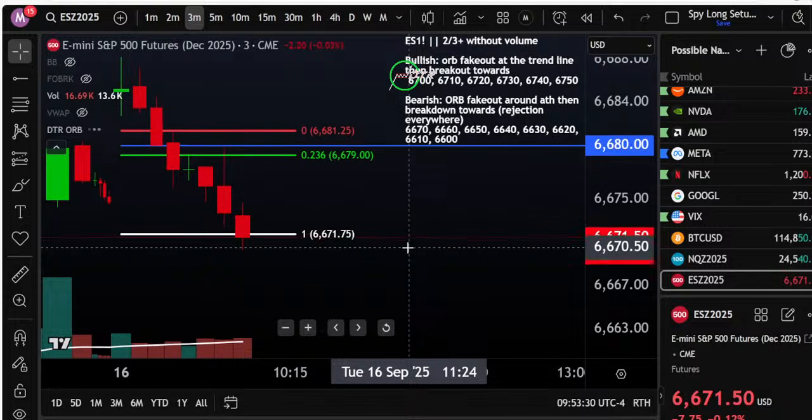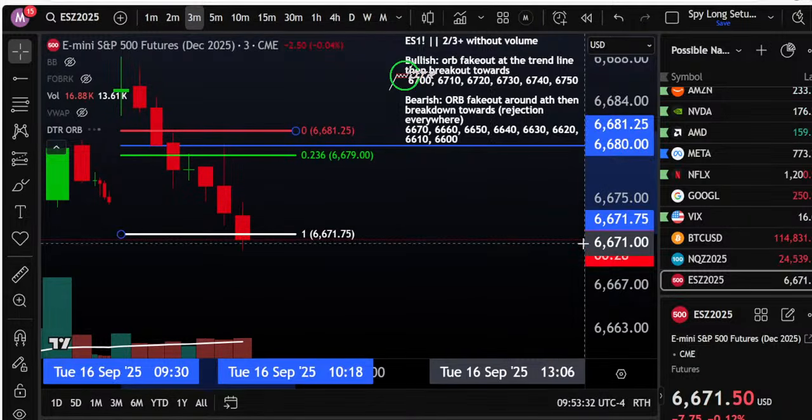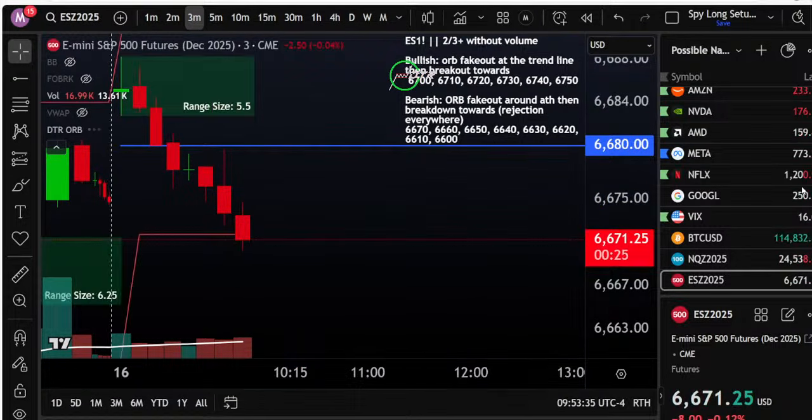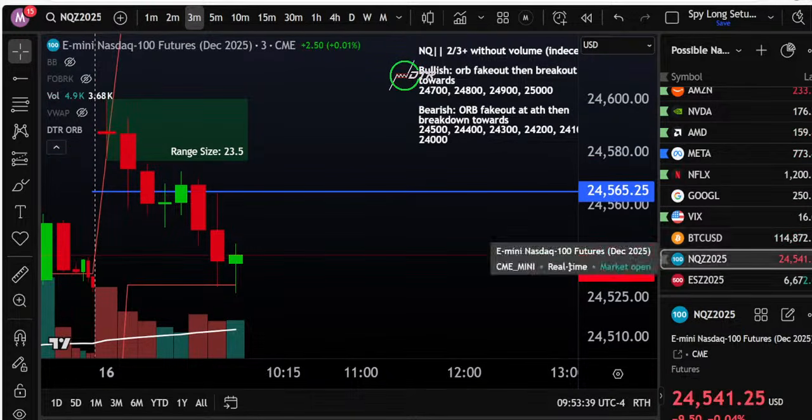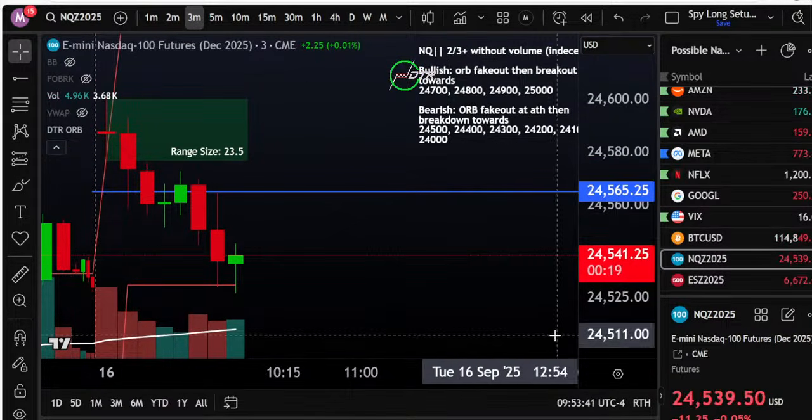I talked about this a bunch yesterday, but yesterday I didn't expect it to necessarily be a trading day. Today, maybe a little bit more likely, but I still wouldn't want to be super aggressive.